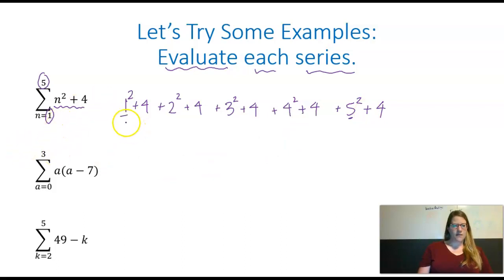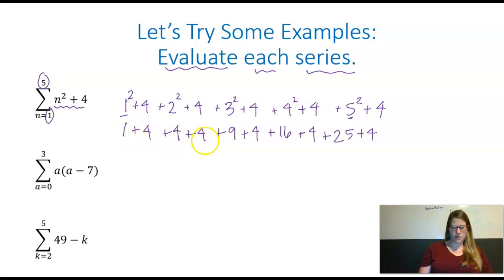So now I can go ahead and evaluate this. 1 squared is 1 plus 4. 2 squared is 4. I'm just going to go ahead and do the squares first before I add. 3 squared is 9. 4 squared is 16. And 5 squared is 25. Okay, and 1 plus 4 is 5. Plus 4 more is 9. Plus 4 is 13. Plus 9 is 22.